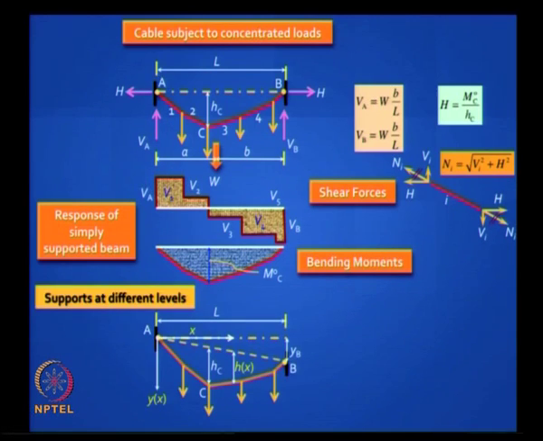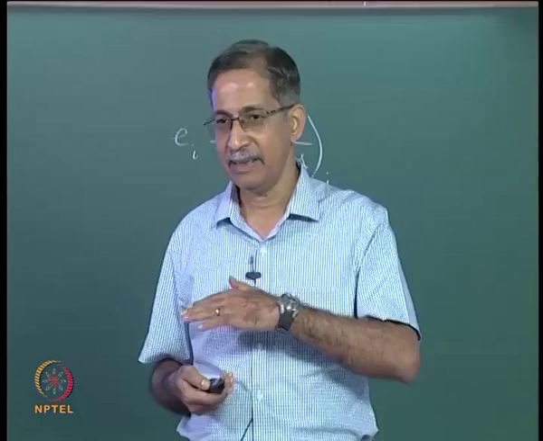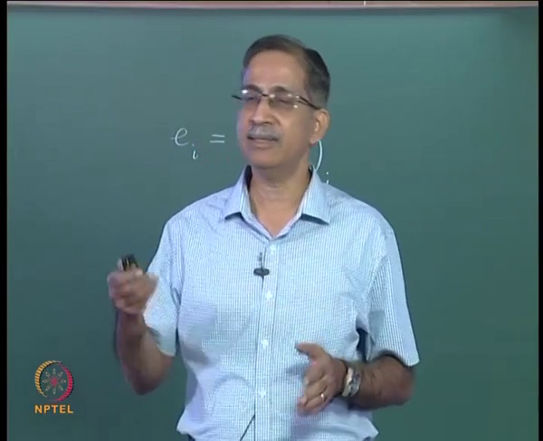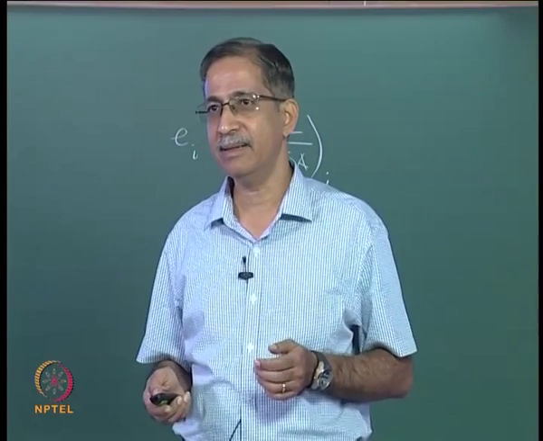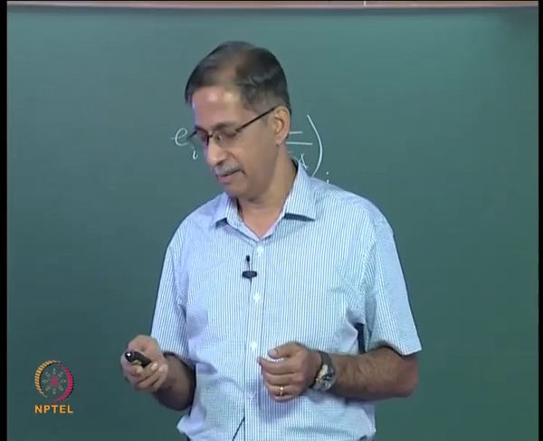So if the supports are at two different levels, then you can relate it to the first case. You will find that if the arrangement of loads is the same, the horizontal force does not change. We can prove this. It is the vertical force that changes. You get now a couple, the two H's are separated by a level difference, and that is self equilibrated by a reduction and an increase in the vertical forces.